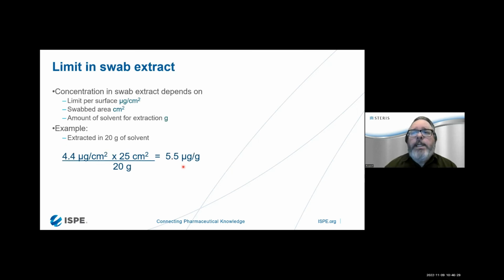And then we also should be thinking about the extraction volume. So in this case, we have 20 grams of solvent. We want to take that into consideration. And now we have 5.5 micrograms in the swab extract.